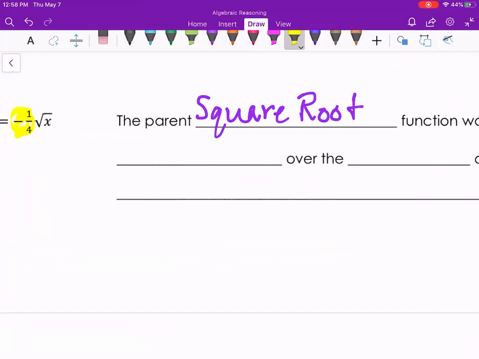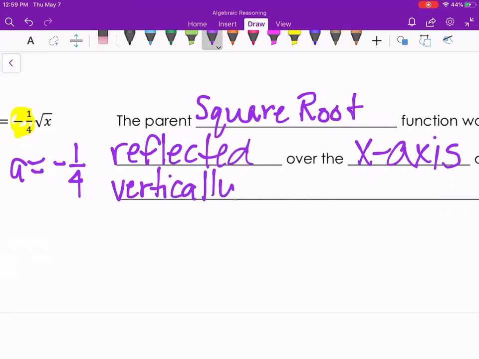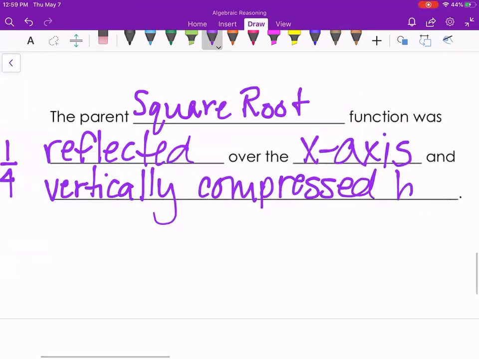My A is negative, which means reflected over the x-axis. -1/4, which again, you can take to the decimal, is the same as 0.25. That's less than 1, so this is vertically compressed by 1/4.